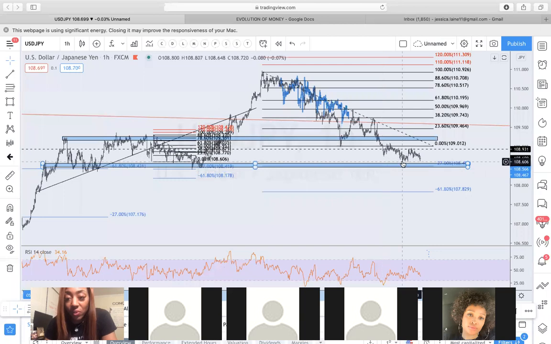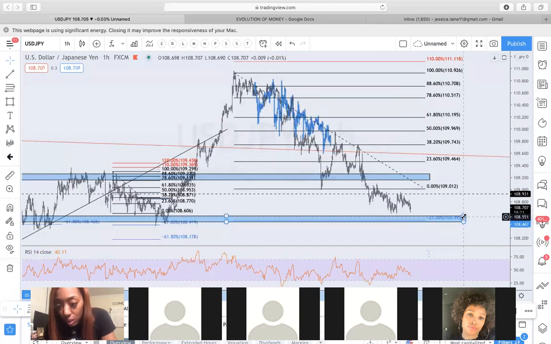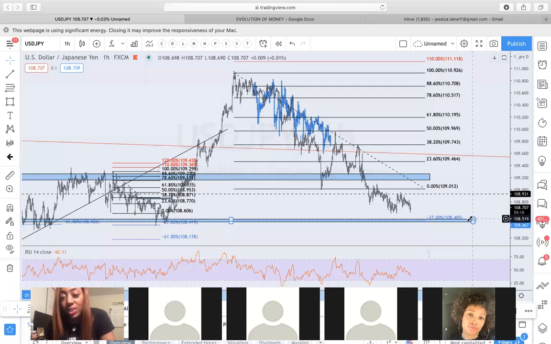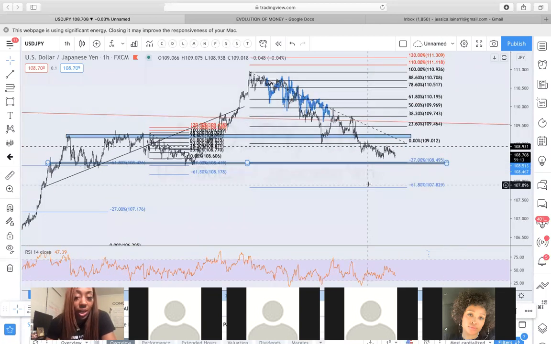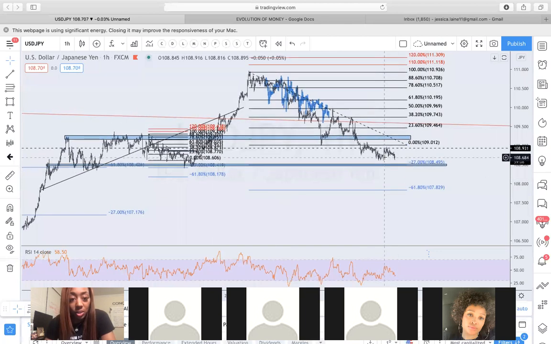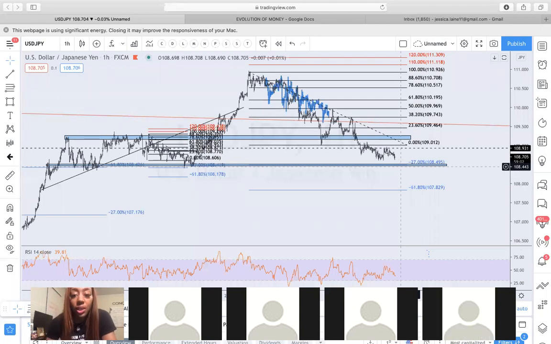So wait for this to finish falling to here, which you don't have too many more pips left, but wait for it to finish falling to that negative 27, and then let UJ shoot it. Y'all see that? Does that make sense? Yes. It does. So really just let the opposite of what's happening happen. That sounded like such a paradox.